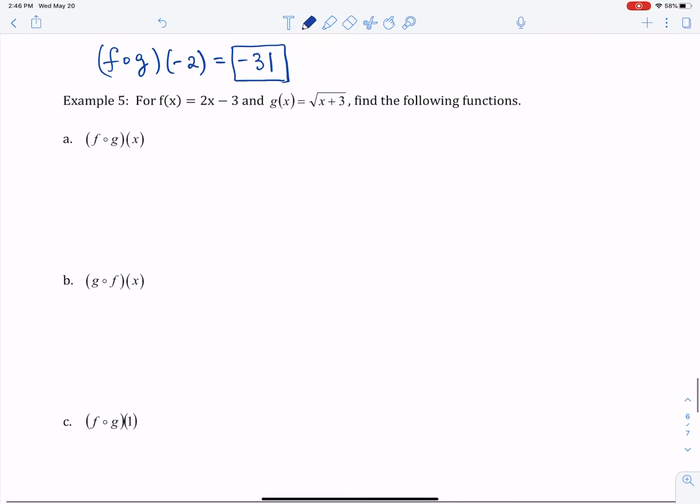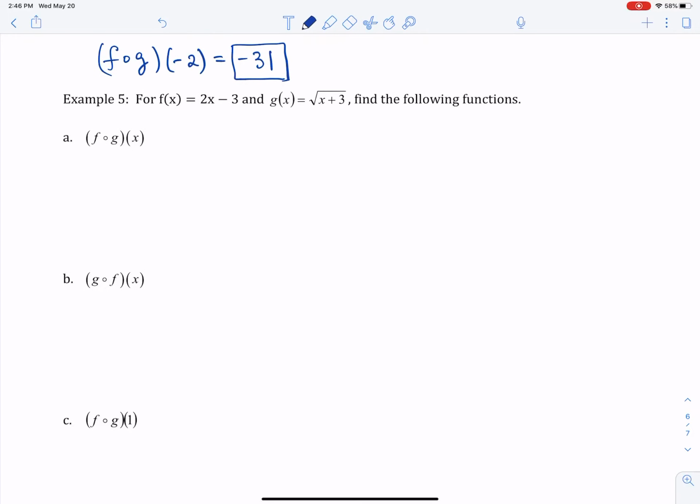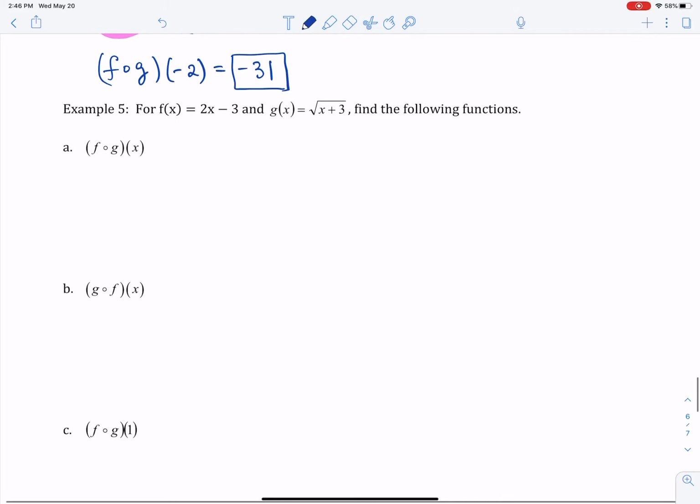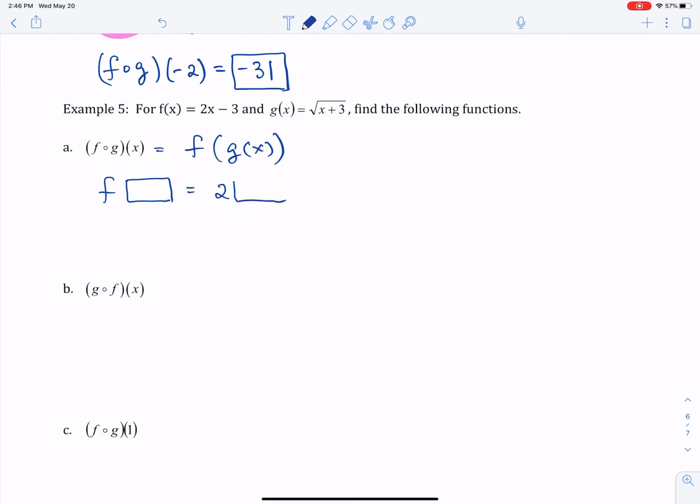Next example, example 5. Similar example with different functions. f of g. So f of g is going to be f when the argument is g of x. Well, f of box looks like twice this box minus 3.